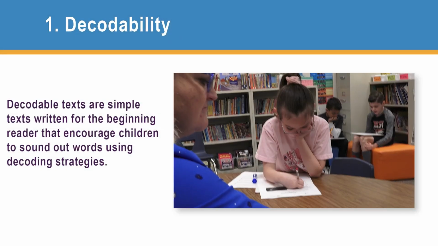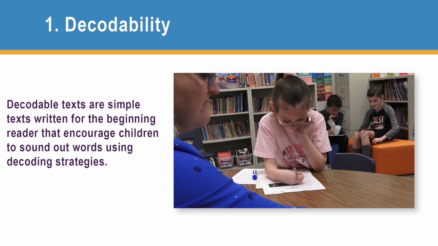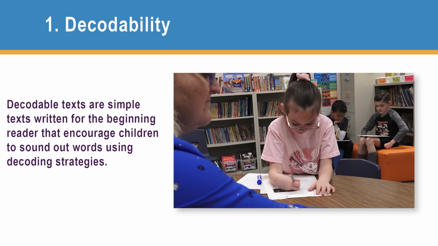With primary kids, it is important to have text that students have a reasonable chance of reading, of decoding the words and so on. And so just like with any text, we're going to be concerned about the decodability. Clearly, we want students to be able to apply their decoding skills, to be able to recognize most of the words.